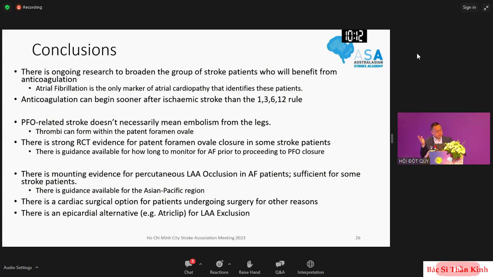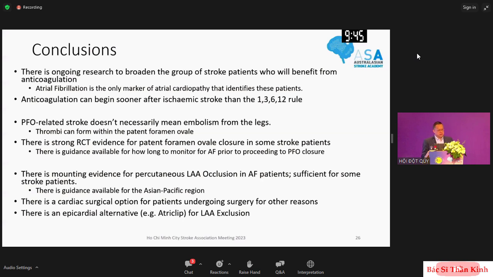So in conclusion, there's ongoing research to understand which patients will benefit from anticoagulation, and we're still looking for markers of atrial cardiopathy or atrial myopathy which define those patients besides atrial fibrillation. We no longer have to follow the 1, 3, 6, 12 rule. The ELAN-based rule is easier to remember, has only 2 grades, and is much shorter and more prompt.